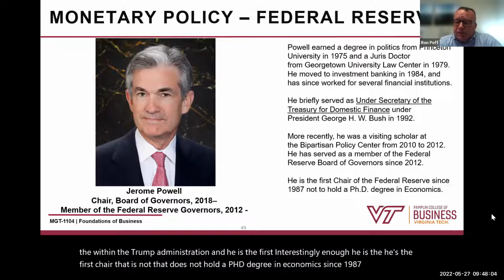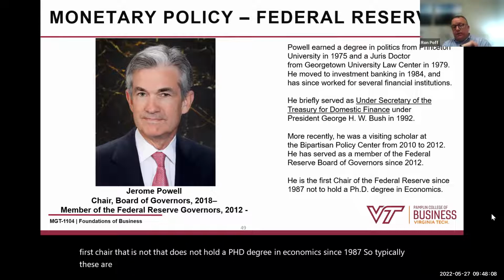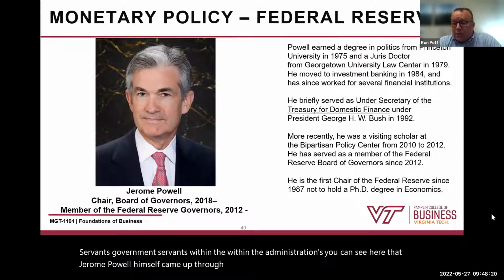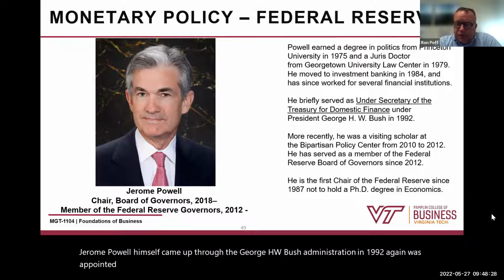So typically these are apolitical or non-political servants, government servants within the administrations. You can see here that Jerome Powell himself came up through the George H.W. Bush administration in 1992, again was appointed by the Trump administration, but he had been a visiting scholar through the Bipartisan Policy Center.